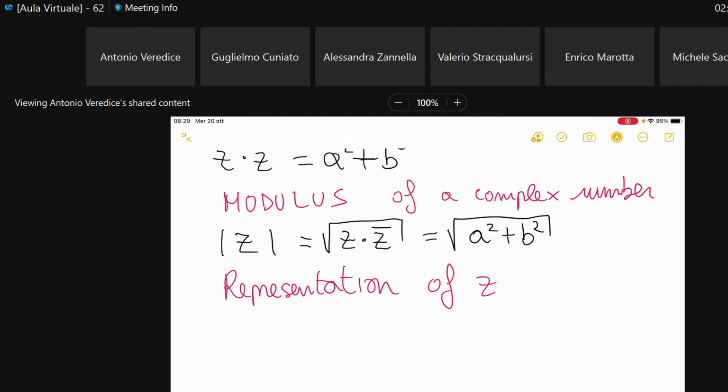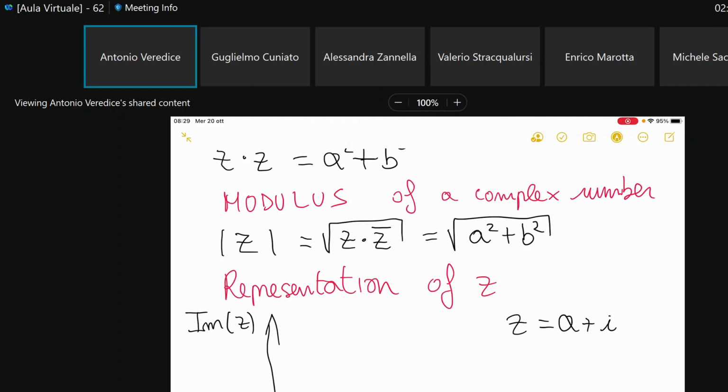we consider two axes, the x-axis representing the real part of Z, and the y-axis representing the imaginary part of Z. Then you can represent any complex number Z equals A plus iB with a couple of numbers, A the real part and B the imaginary part.